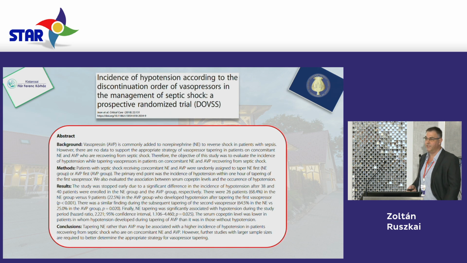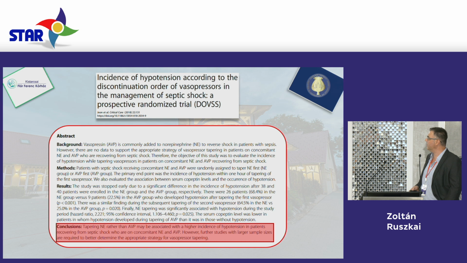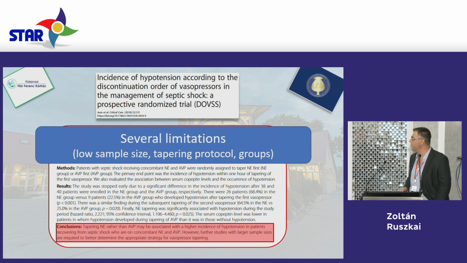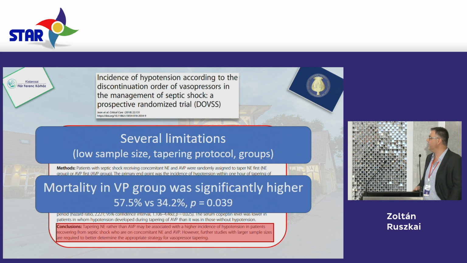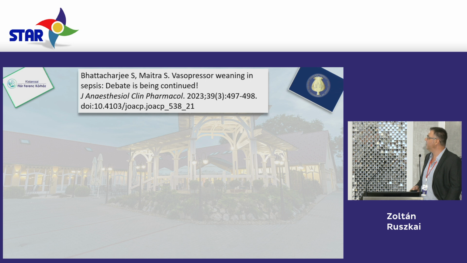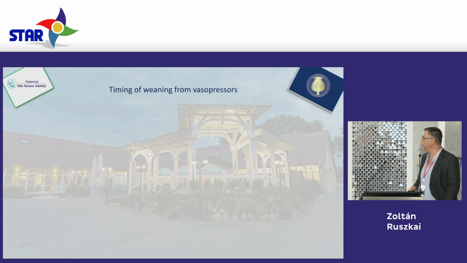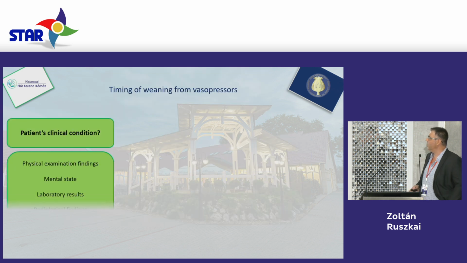A quite opposite result was in this paper. However, several limitations arise in the post hoc analysis of this study, and the mortality in the vasopressin group was significantly higher. So the debate is continuing. There is no optimal order, or it is unclear. There are no recommendations. So what should we choose?